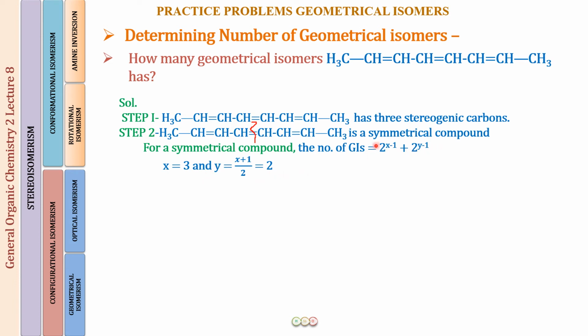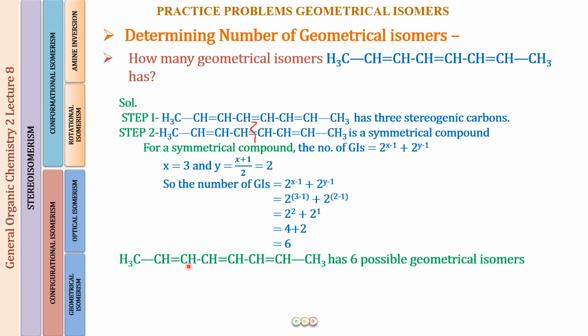Put the values into the formula, and what you will be getting is 6. Just solve this and you will be getting the number of geometrical isomers possible for the compound. This is going to be 6. Easy enough. I hope this is not at all difficult. Great.